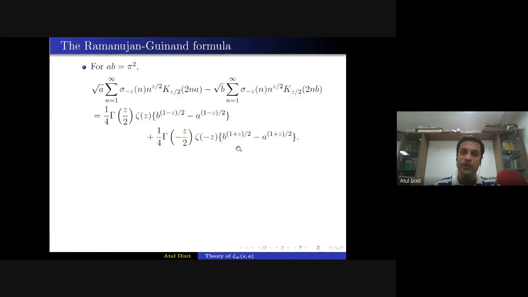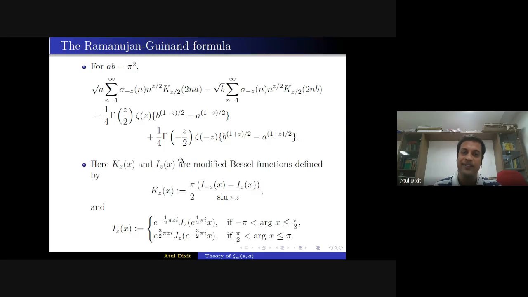Here is the beautiful formula due to Ramanujan, which was later rediscovered by Guinand. Here K is the modified Bessel function of the second kind, which is defined in terms of the modified Bessel function of the first kind, which in turn is defined in terms of the J Bessel function, or the Bessel function of the first kind.